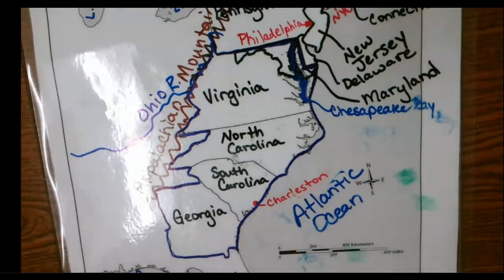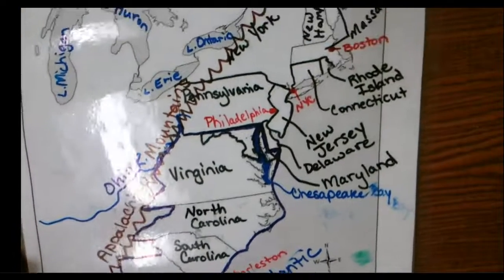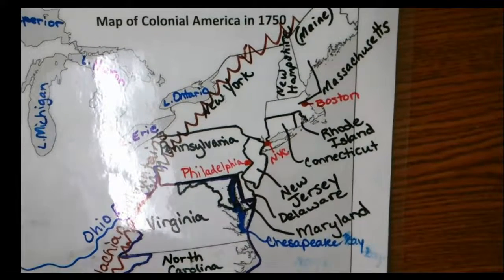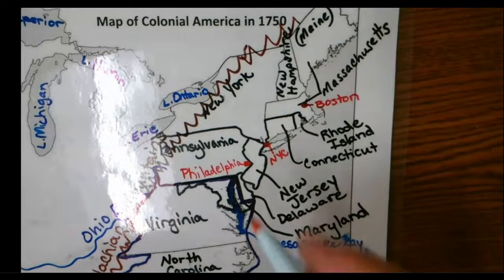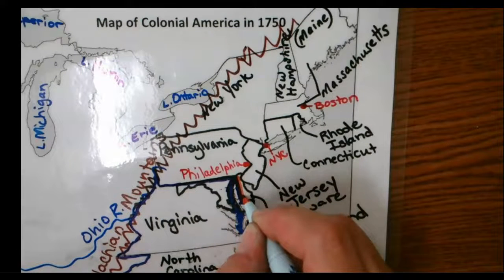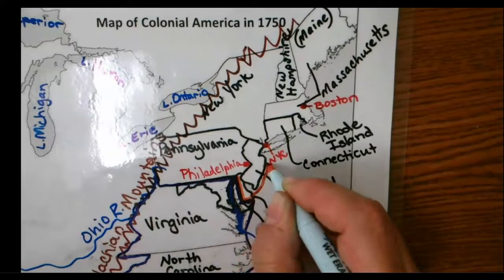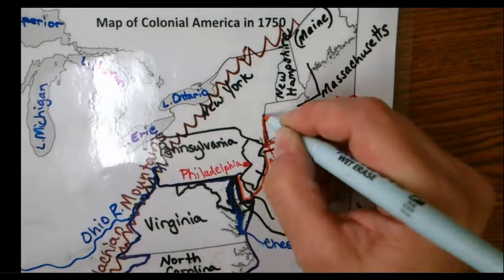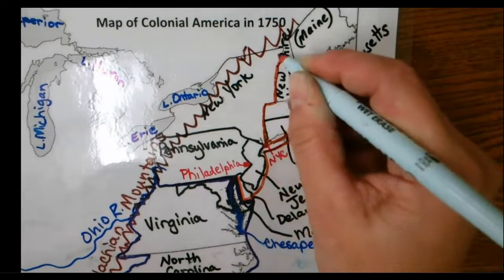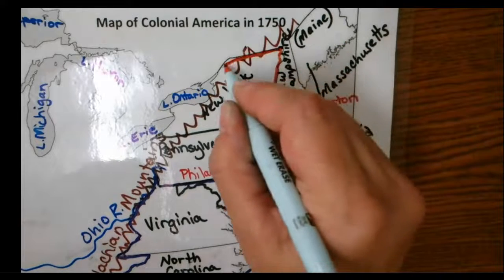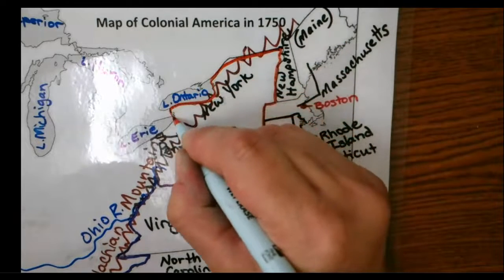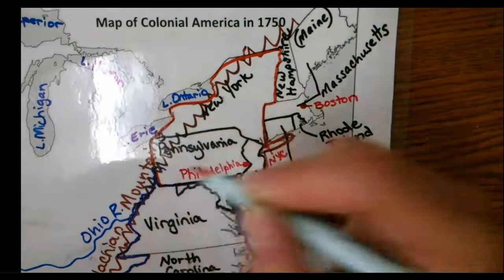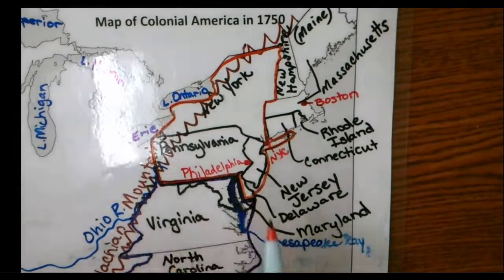The southern colonies have the most territory, right? Look at the south. It's very large compared to the other 2 regions coming from the north. Okay? The middle colonies include Delaware, New Jersey, New York, and Pennsylvania. So I am going to draw an orange line, because that is the color I chose on my key. And I am going to indicate that the orange line outlines the middle colonies.